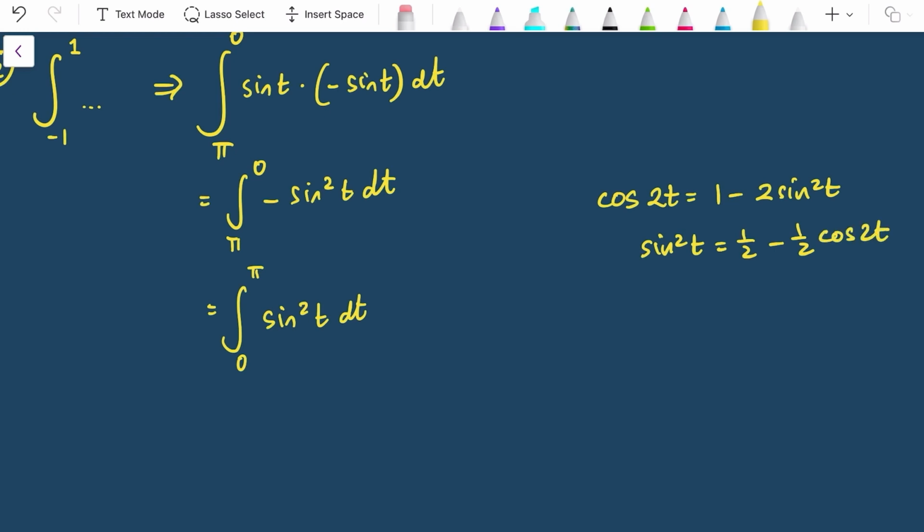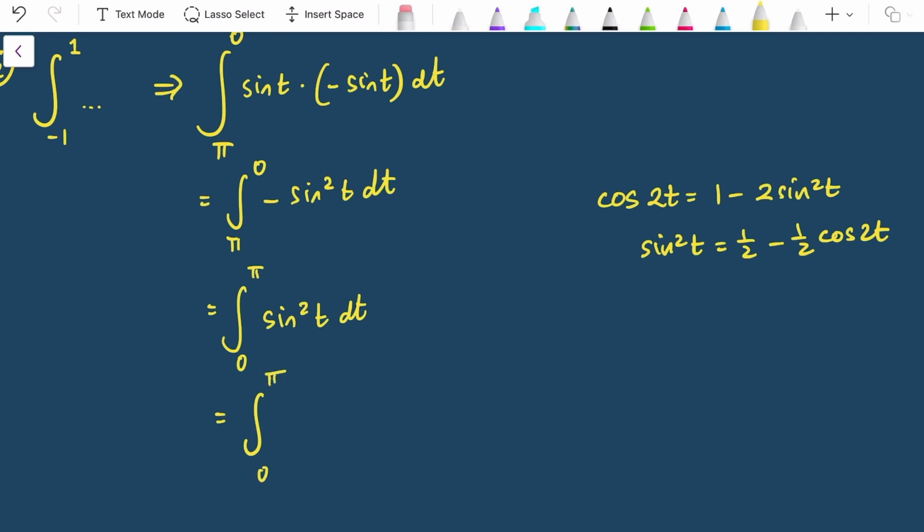So always keep in the back of your mind that you'll have to use double angle formulas when you are integrating sine squared and cos squared. And there are others, of course, but okay, let's just deal with this.